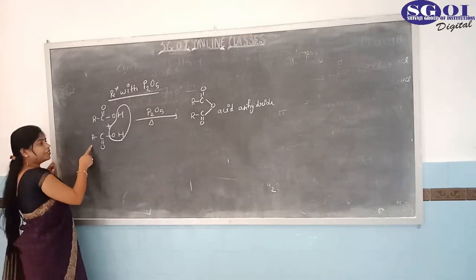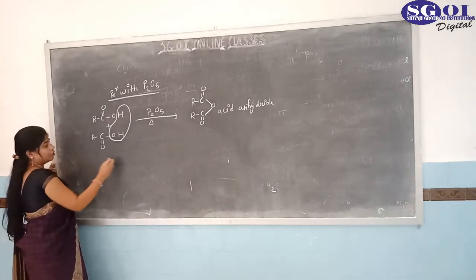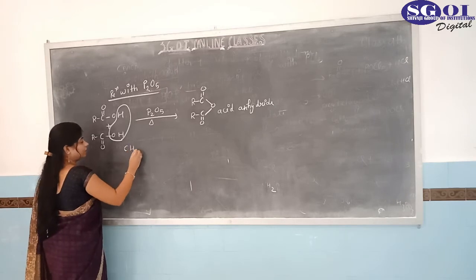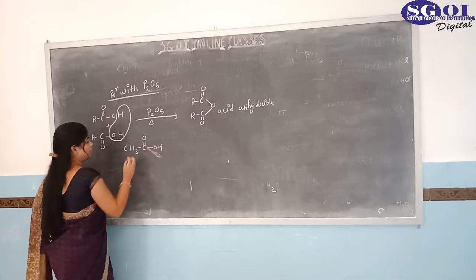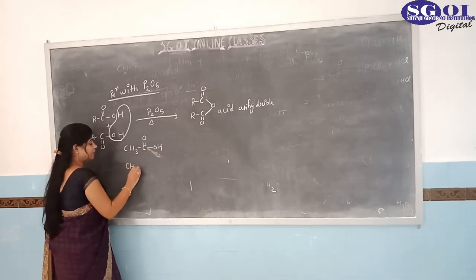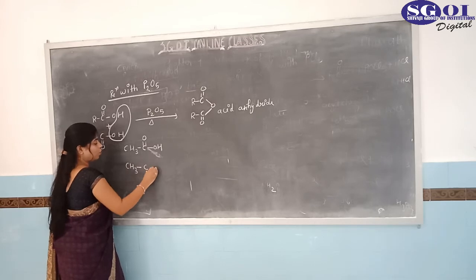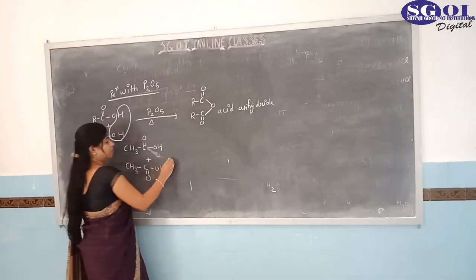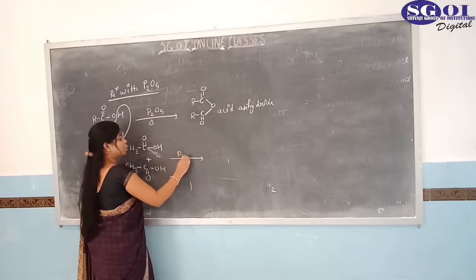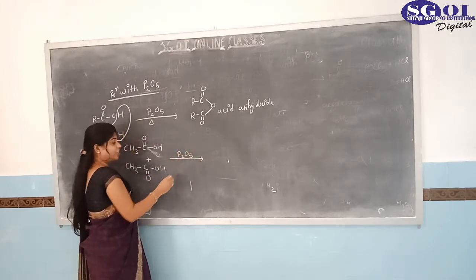Move to next reaction. Here we take two molecules of acetic acid, CH3COOH, second molecule of acetic acid, CH3COOH. React to each other in the presence of P2O5 dehydrating agent.